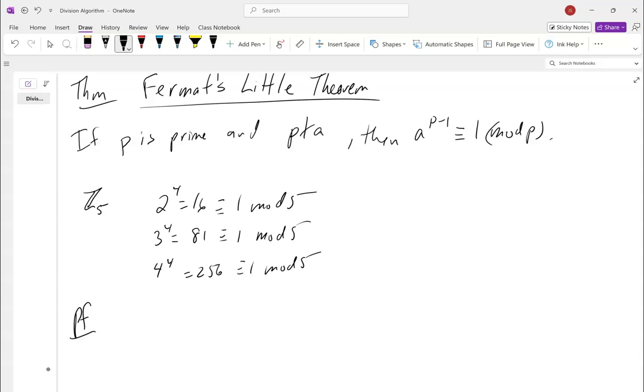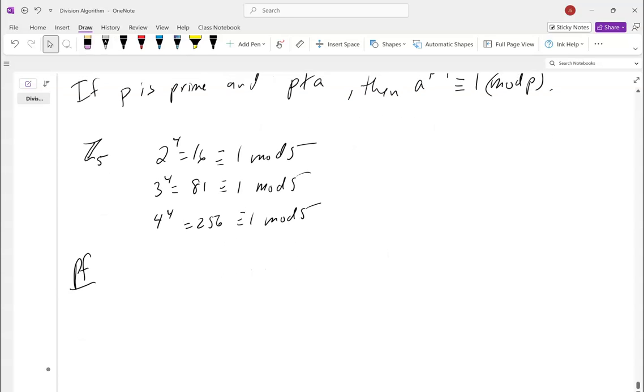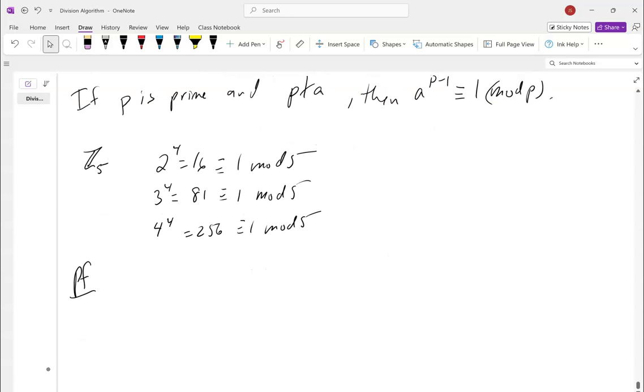I might be able to do it faster, but I know for certain that I can do it within p minus 1 steps, right? And there are exactly p minus 1 numbers less than p that are relatively prime to p. So, like I said, this is a concept that will come back later in the semester. That's why I care about the result. It may not make a lot of sense why I care right now, but it will later, I promise.